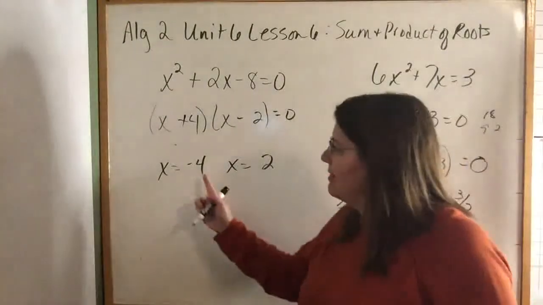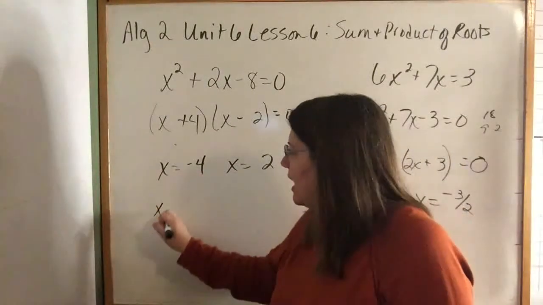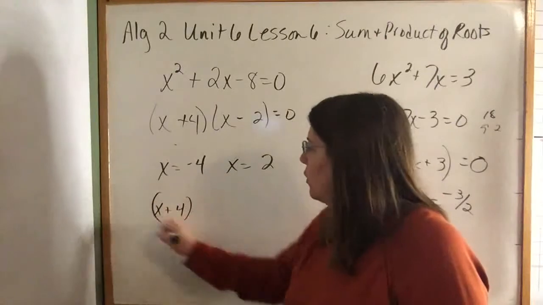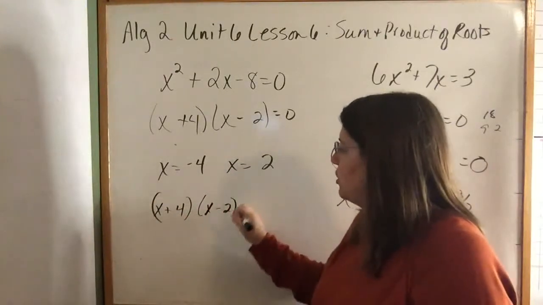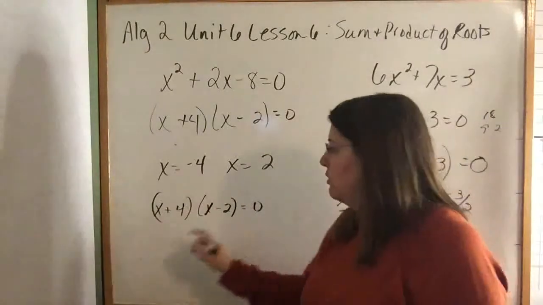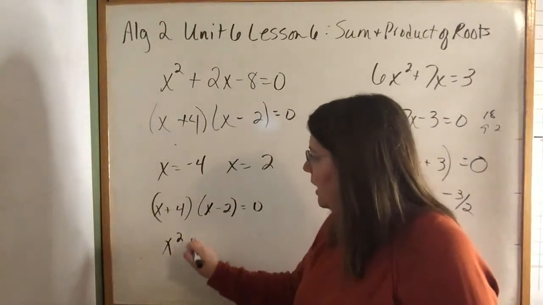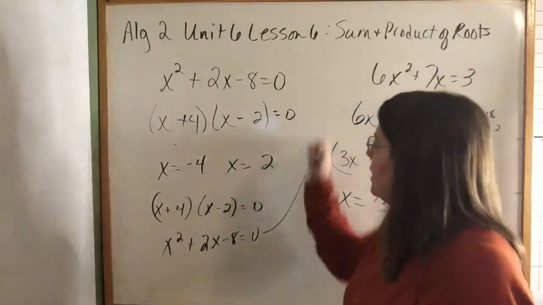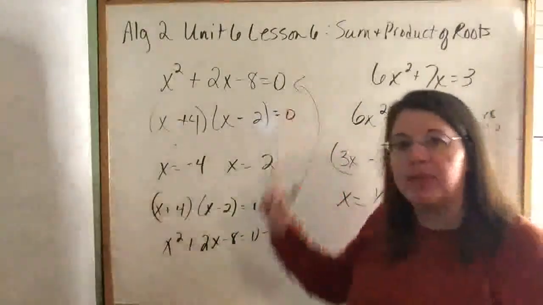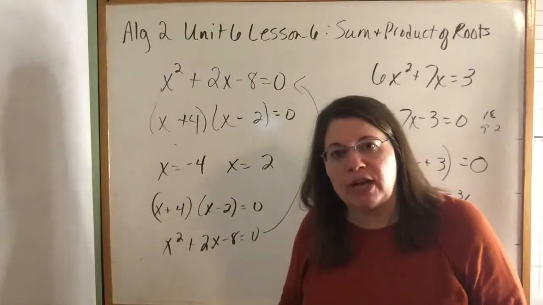So if I do that, I would add the 4 to the other side, so that would give me x plus 4. I would subtract the 2 to the other side, so that would be x minus 2. And then all I have to do is FOIL, so that would be x squared plus 2x minus 8. And if we look at that, we can see that they are the same thing. I can generate my quadratic equation.